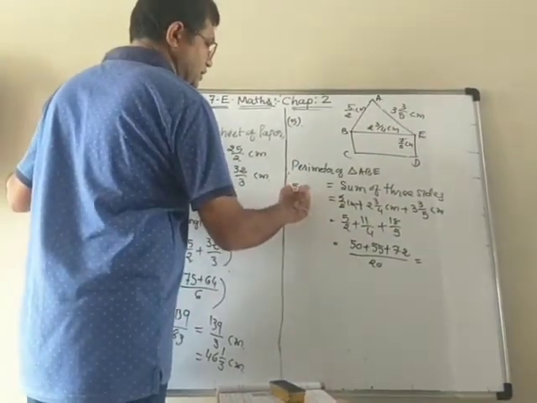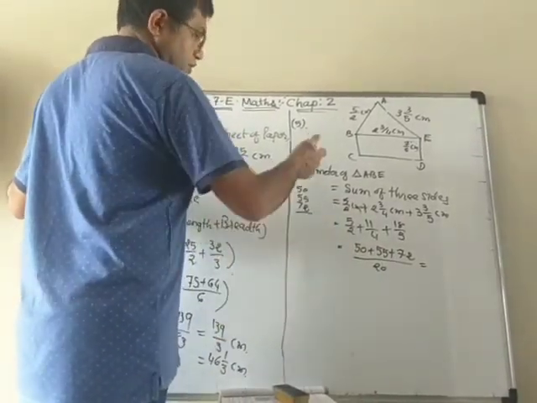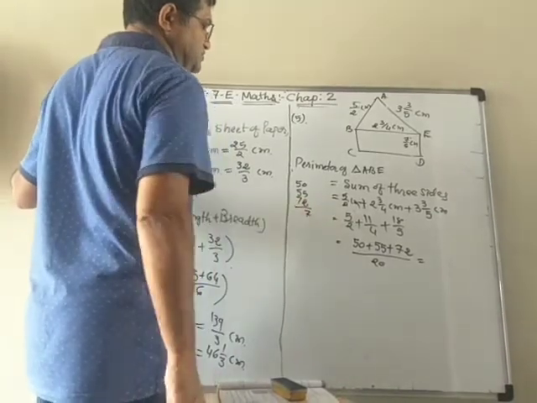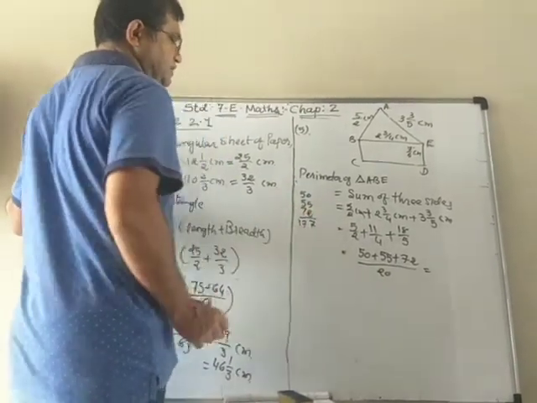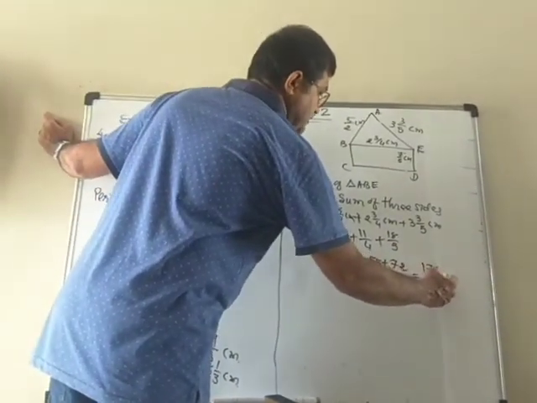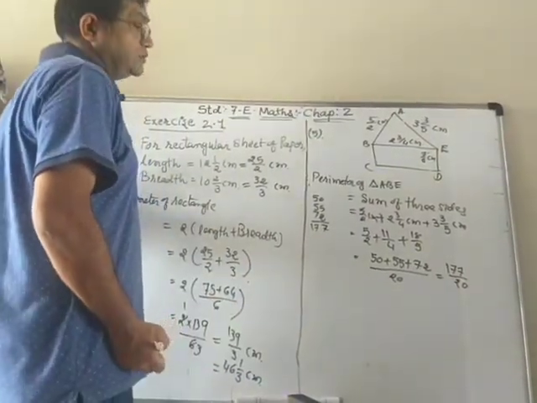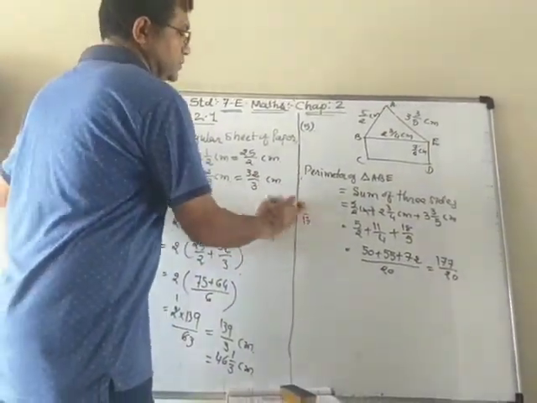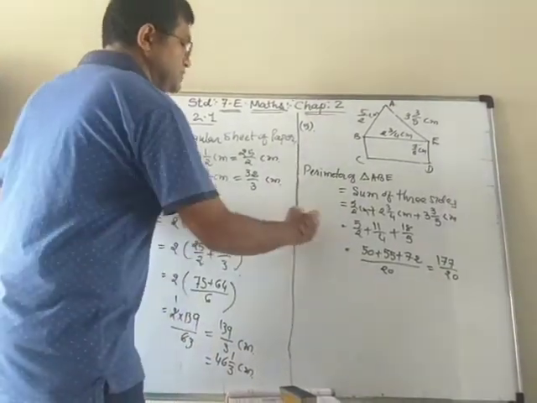If you are not comfortable adding directly, you have to do it like that. 5 plus 2 is 7. 5 plus 5 is 10, plus 7 is 17. So 177 upon 20. Now again it is an improper fraction, so we have to convert it into a mixed fraction.